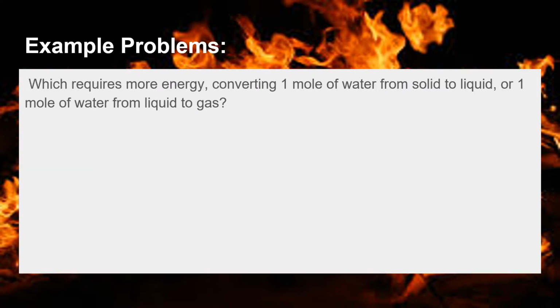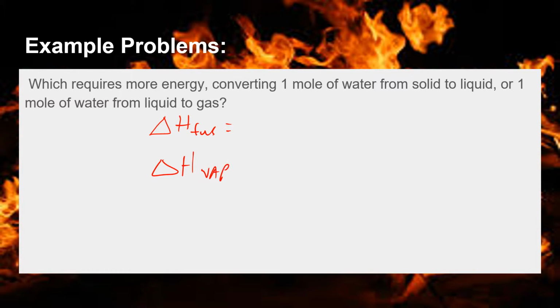Whereas for 1 mole of water from solid to liquid or 1 mole of water from liquid to gas, which uses more energy? You know that you're going to have to use your delta H fusion or your delta H vaporization.